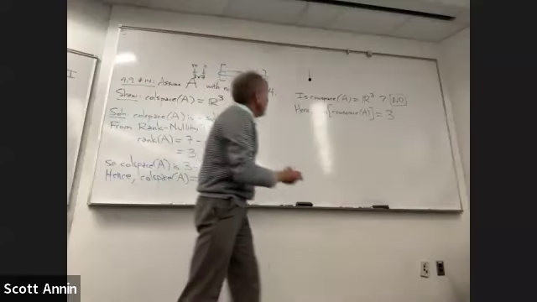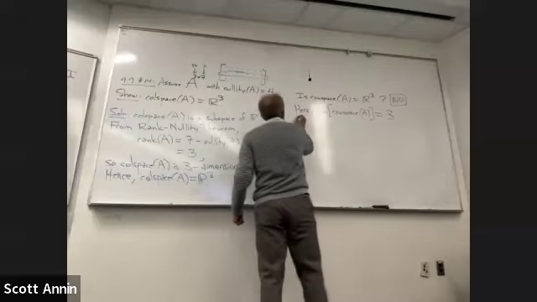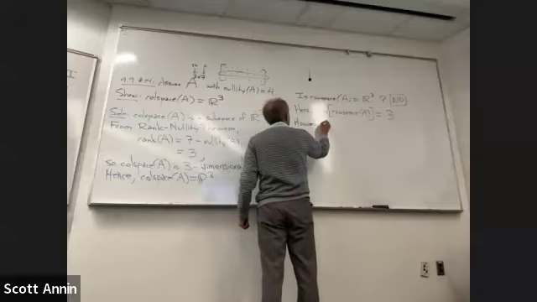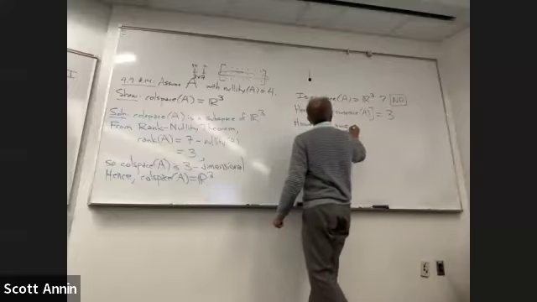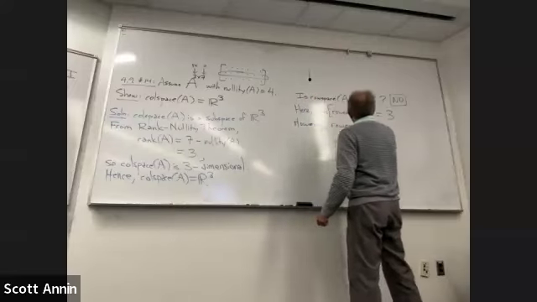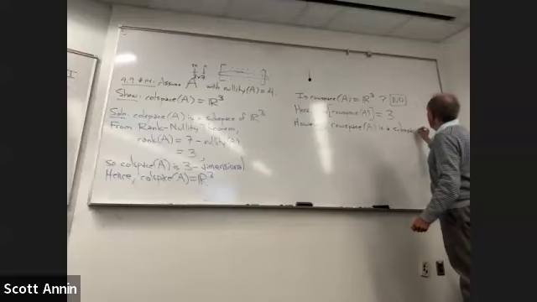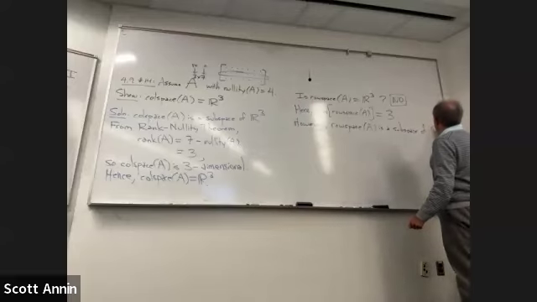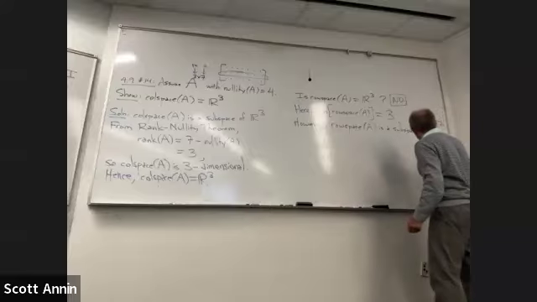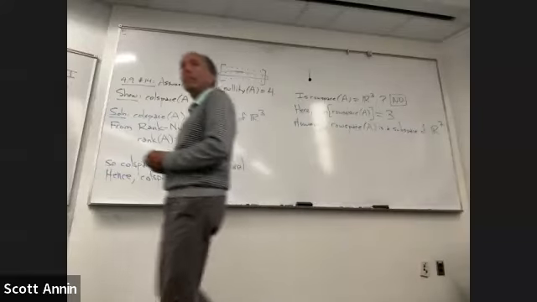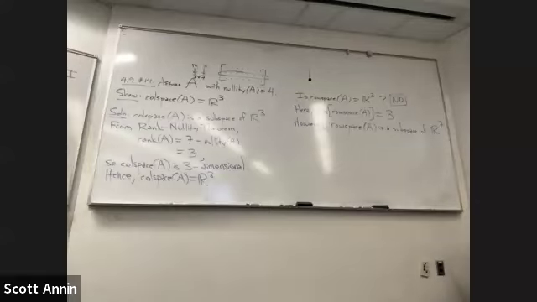Okay, so however, the row space of A is a subspace of R7. And something with 7 slots cannot be equal to a vector space with 3 slots, right?